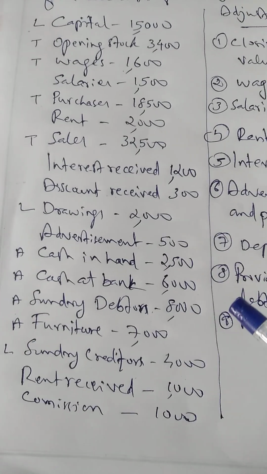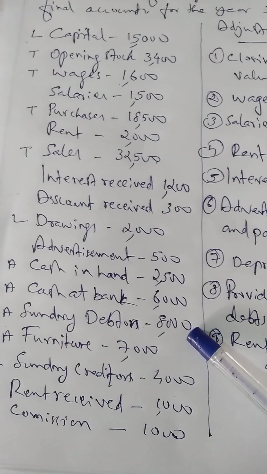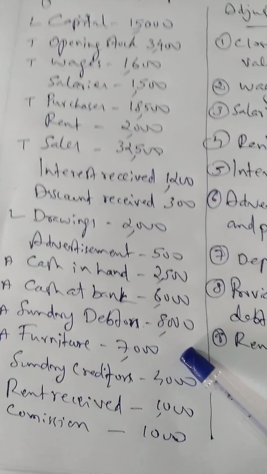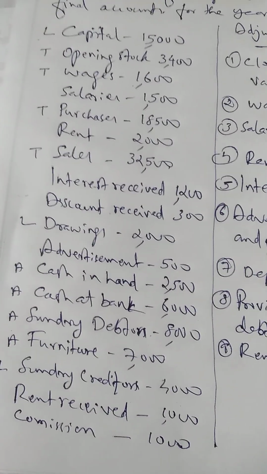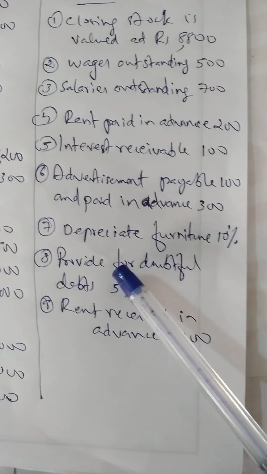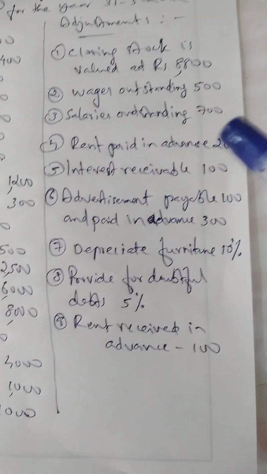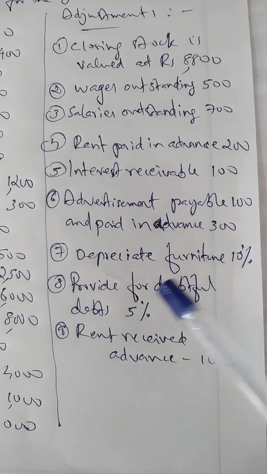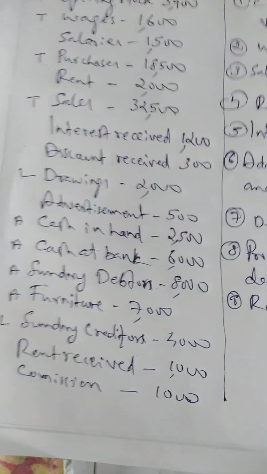Sometimes there may be the chance of bad debt. That means some person may not pay the amount to us. So usually business organizations make a provision for that, which is called a provision for doubtful debt or provide for doubtful debt. So doubtful debt is always calculated on sundry debtors because it is related to debtors.